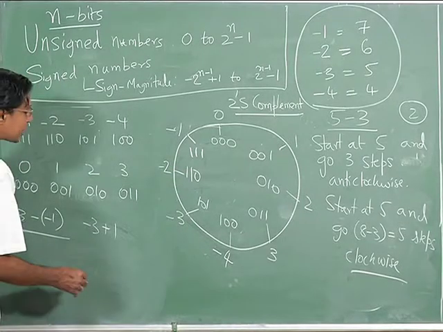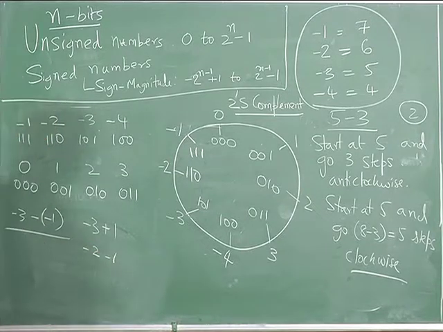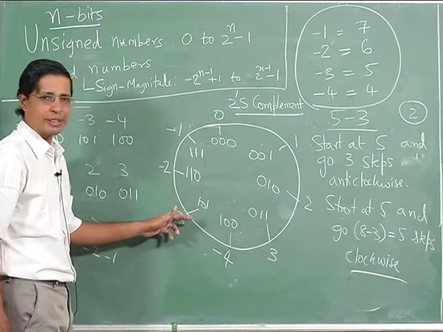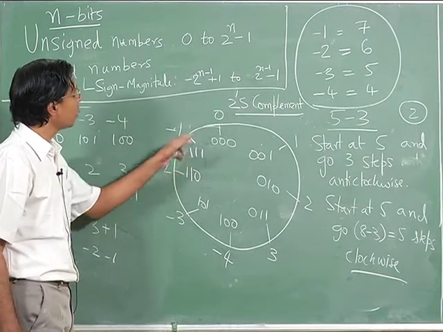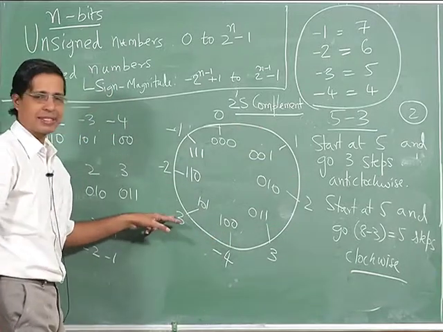Suppose I want to do minus 2 minus 1. Minus 2 minus 1 is nothing but from minus 2 go 1 step anti-clockwise, or do 7 steps clockwise. So 1, 2, 3, 4, 5, 6, 7, I get minus 3.